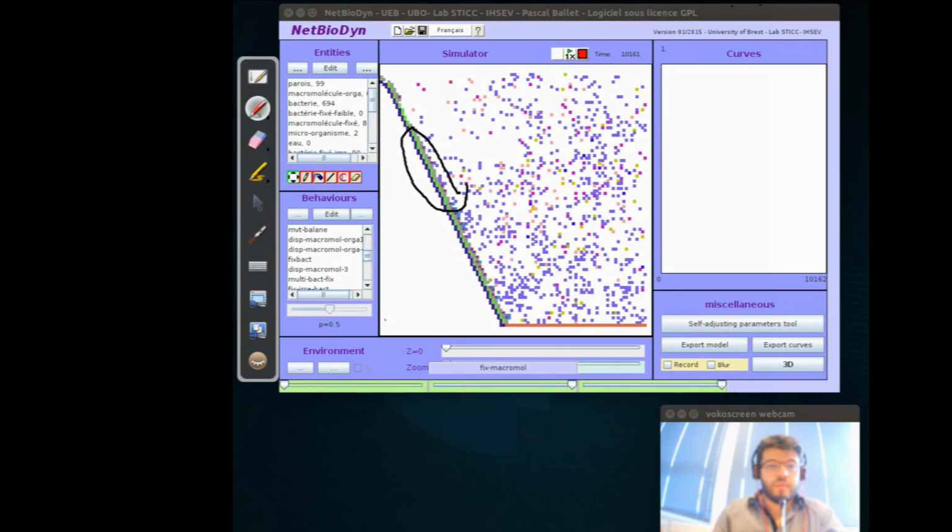Its first layer is an organic film. After you see microfouling in gray and in violet here. Microfouling is composed by microfungi and microalgae.